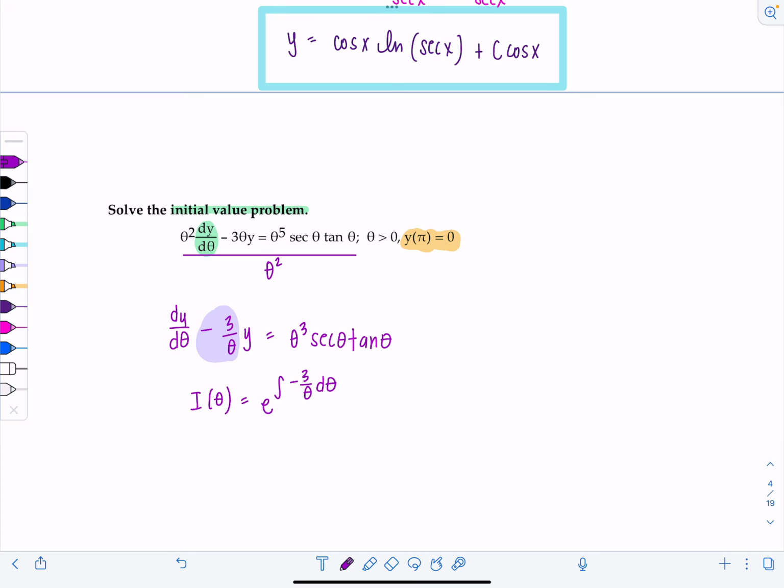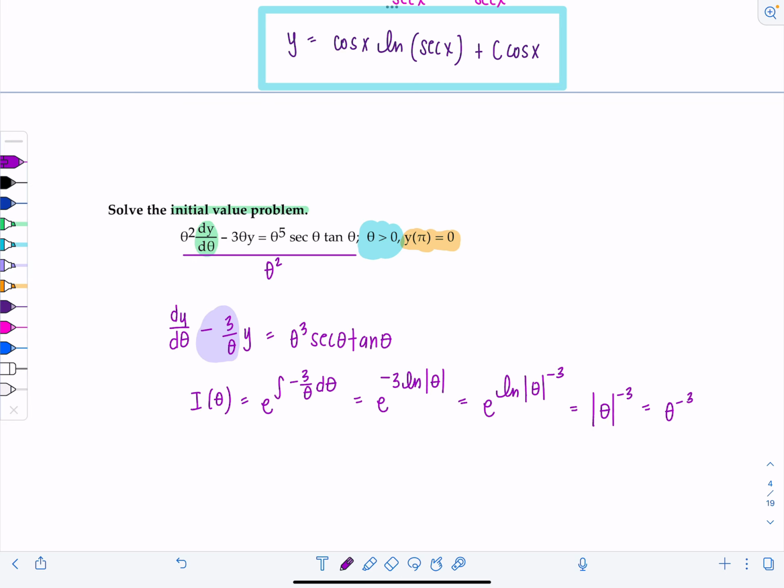So antiderivative of negative 3 over theta d theta, that would be e raised to the negative 3 ln absolute value of theta. And then that's e to the ln absolute value theta to the negative third. So this is absolute value of theta to the negative third. But these kind people told me theta is positive. So this is just theta to the negative third.